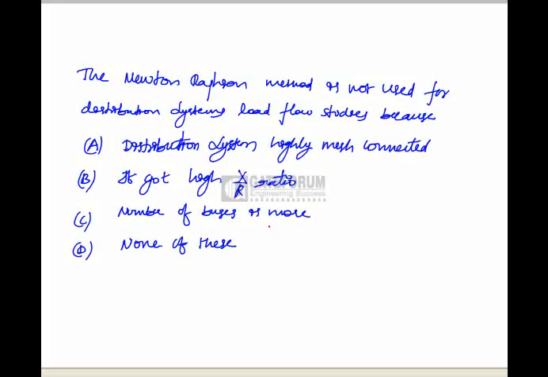Newton-Raphson method is not used for distribution systems load flow studies because the main reason is that in distribution systems we have loading almost throughout the distance. There will be a number of tappings for current in a distribution system, which means we have to analyze at each and every tapping point.